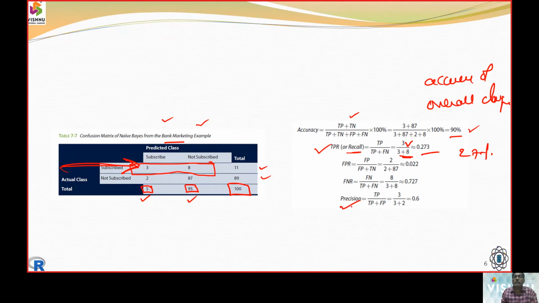Similarly, I can measure the precision value. Precision takes true positive by true positive plus false positive, so 3 plus 2 is 5. So 3 by 3 plus 2, we get 60%.